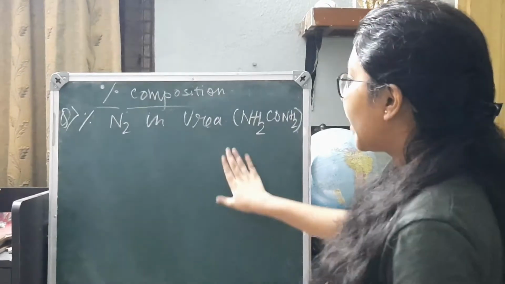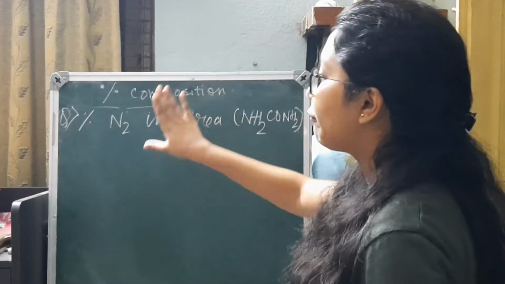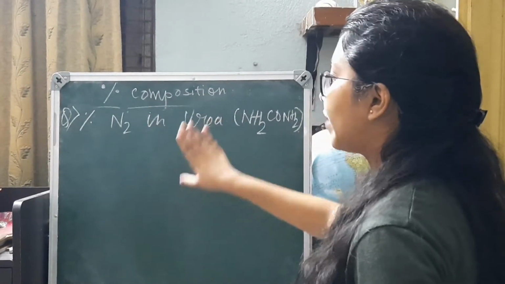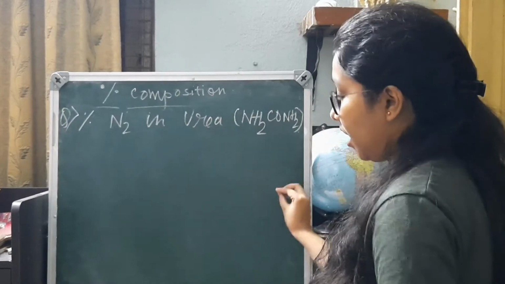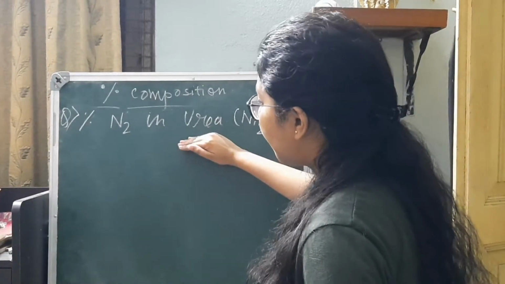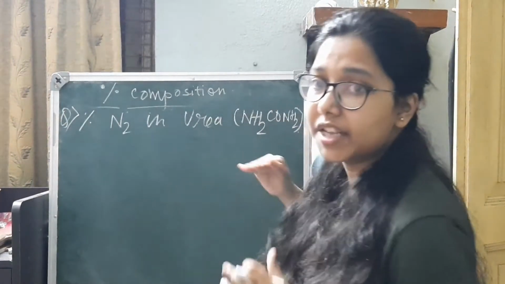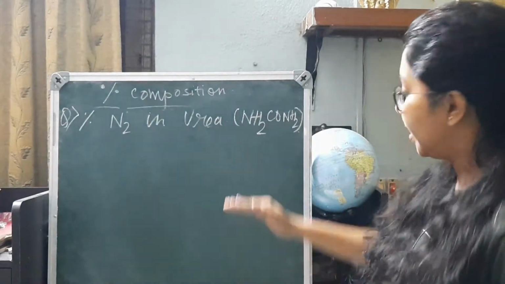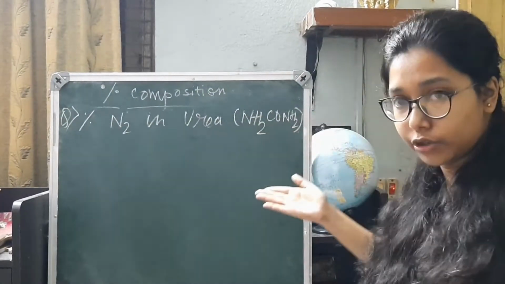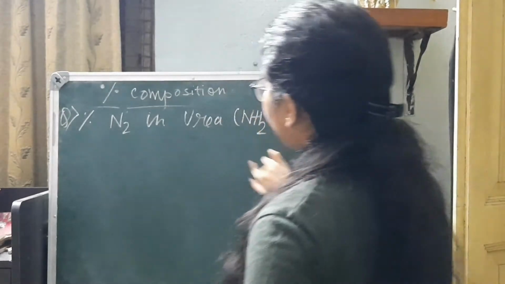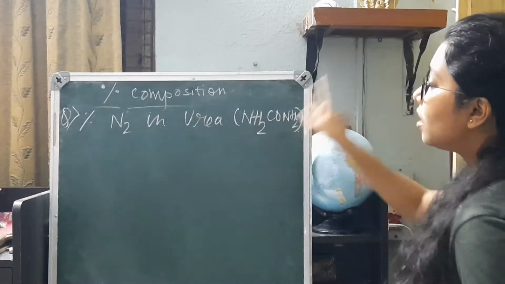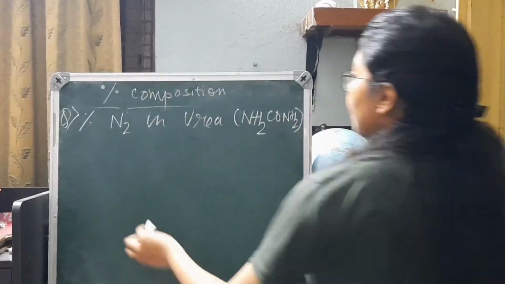Moving to the next question, it has been asked to find the percentage of nitrogen in urea. Sometimes the formula of urea may be given, it may not be given, so it is better that you know it. It is NH2CONH2. So simply we will find out the molecular mass of the compound.